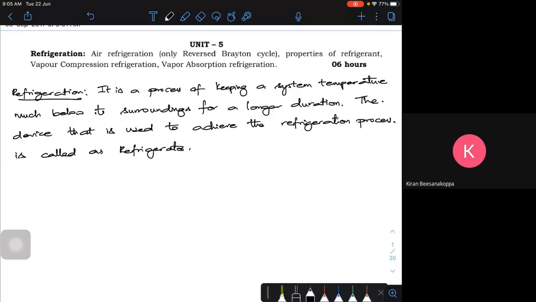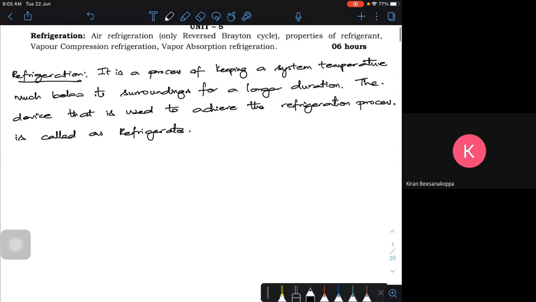This is the capacity rating. So what is the TR? It is called ton of refrigeration. This is the quantity we use to represent refrigeration capacity.